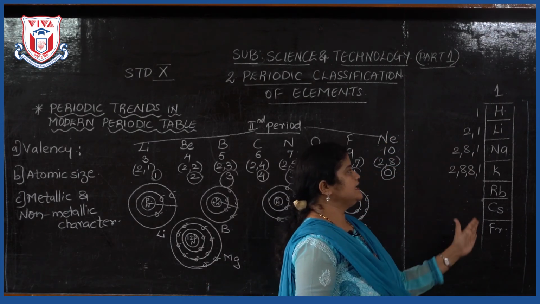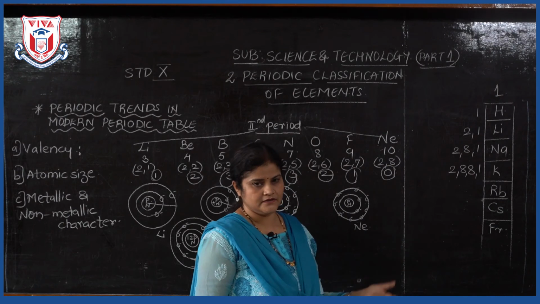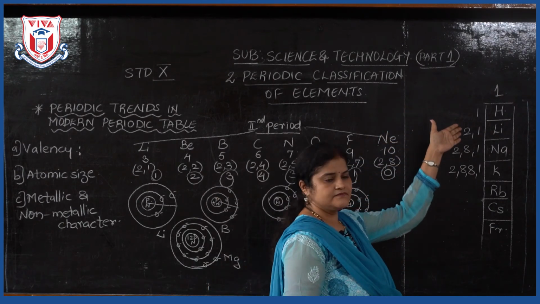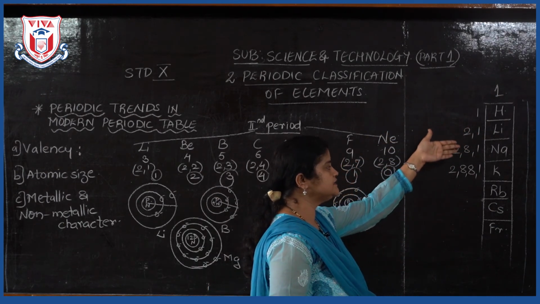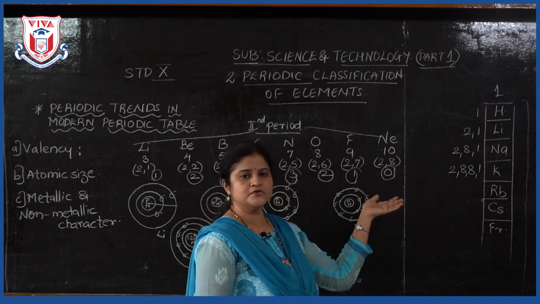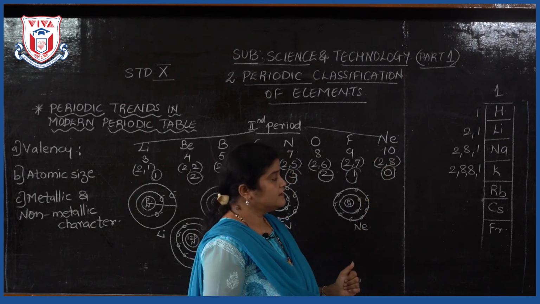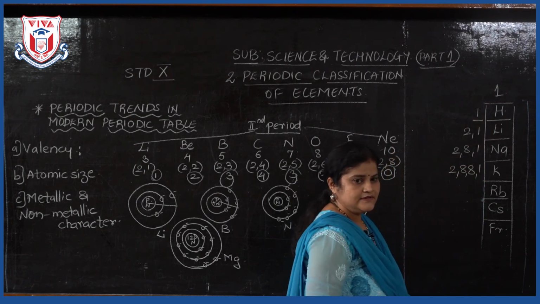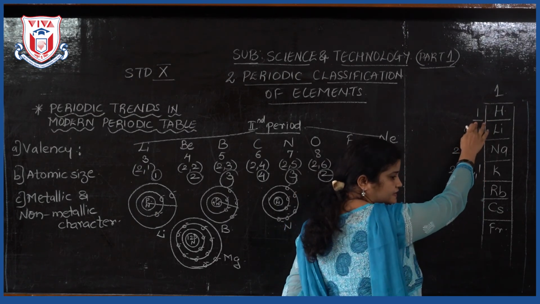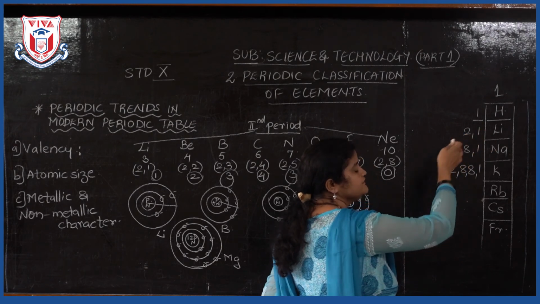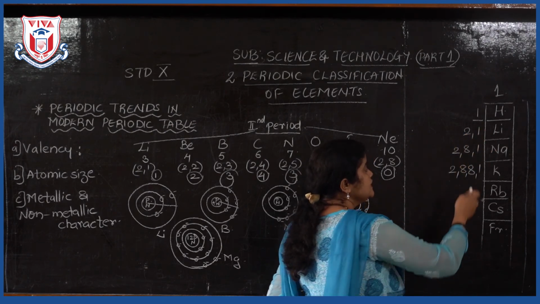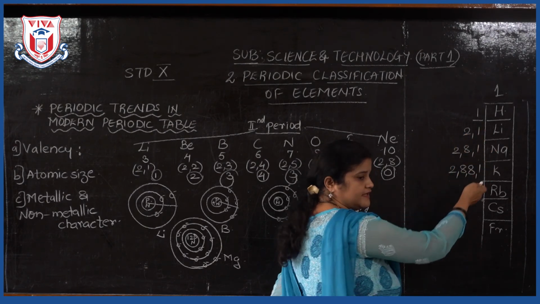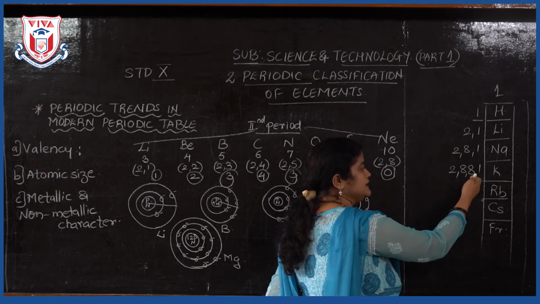Now we will see the group formation. Here you can see an example of group 1A. Here are some of the elements like hydrogen, lithium, sodium, potassium, rubidium, cesium, etc. The atomic number of hydrogen is 1, which means the configuration is 1. Then lithium, whose configuration is 2, 1. Sodium 2, 8, 1. Potassium 2, 8, 8, 1.